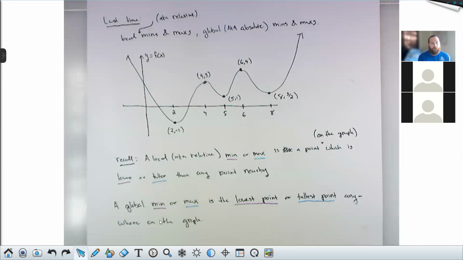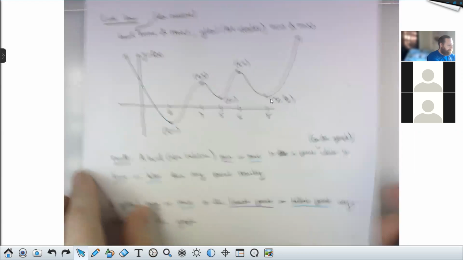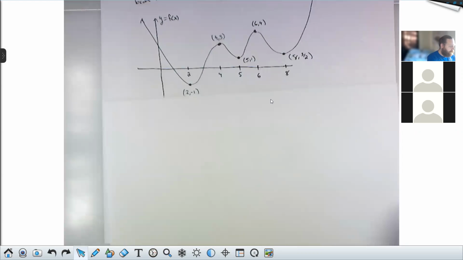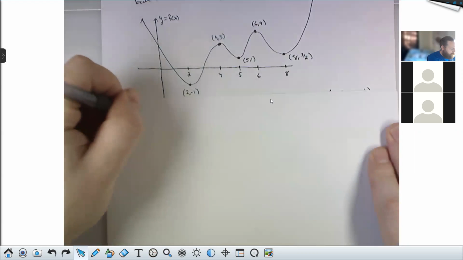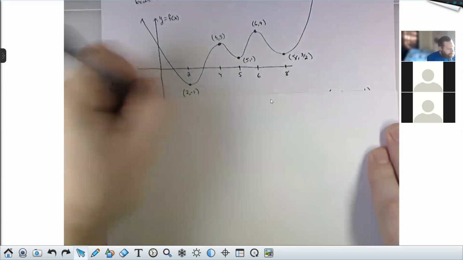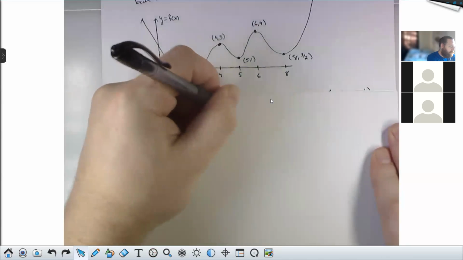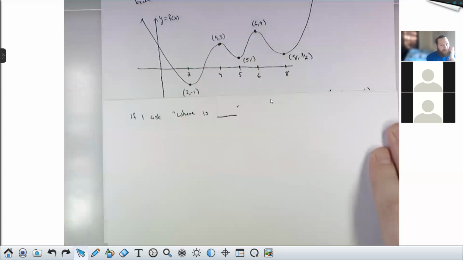Okay. So local and global min. Local max, local min, local max, local min. There are some particular ways you want to describe these things. Right, there's some language that's important here, and we can connect this back to something we were talking about yesterday. If I ask, where is the min?